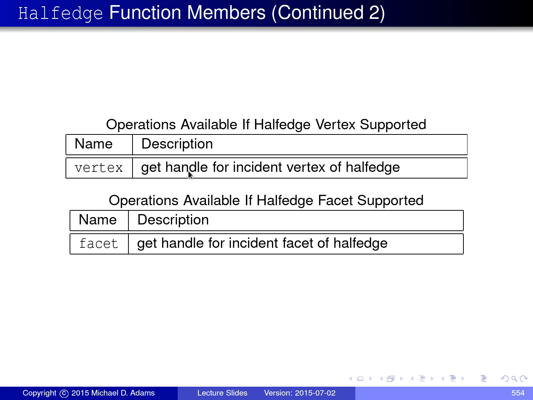In other words, it gets the handle for the incident vertex of the Halfedge. The next group, with only one function called Facet, is available if the Halfedge stores a handle for its incident facet. So if such a handle is stored, there's a function called Facet that returns this handle. In other words, it gets the handle for the incident facet of the Halfedge.